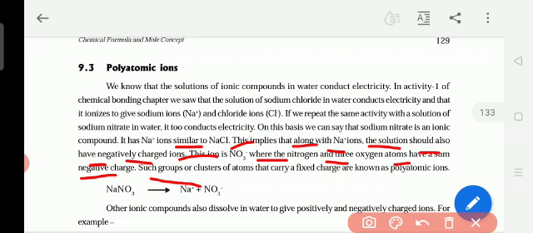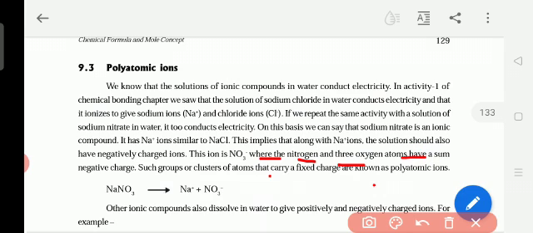Such groups or clusters of atoms that carry a fixed charge are known as polyatomic ions. So polyatomic ions means what? Where the nitrogen and 3 oxygen atoms have some negative charge. Such groups or clusters of atoms that carry a fixed charge are known as polyatomic ions. For example, NaNO3.